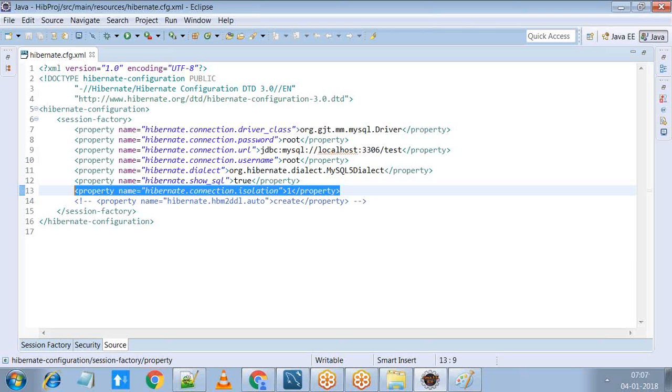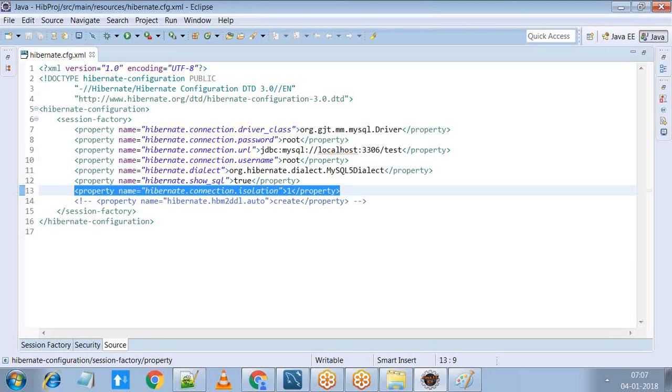Reading transactions will be allowed to read this uncommitted data. So hope you also got it.